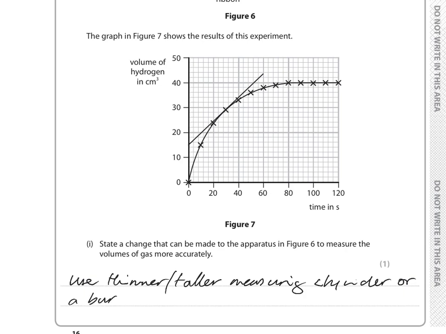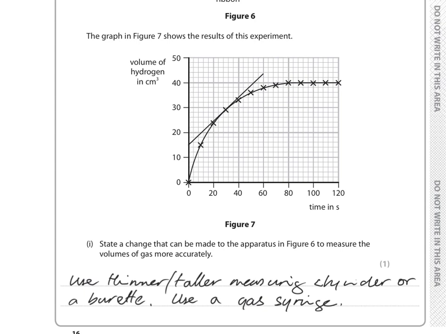So a long, thin measuring cylinder, essentially a burette is. Or you could use a gas syringe. And a gas syringe is another method of collecting the gas that is more accurate than displacement of water.